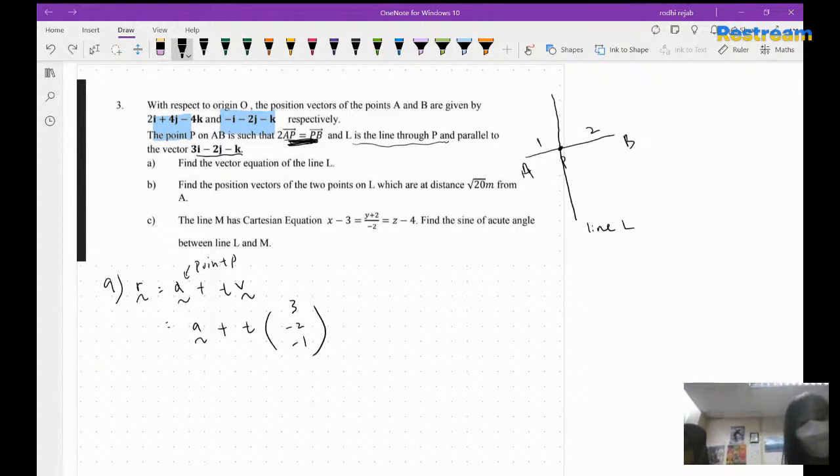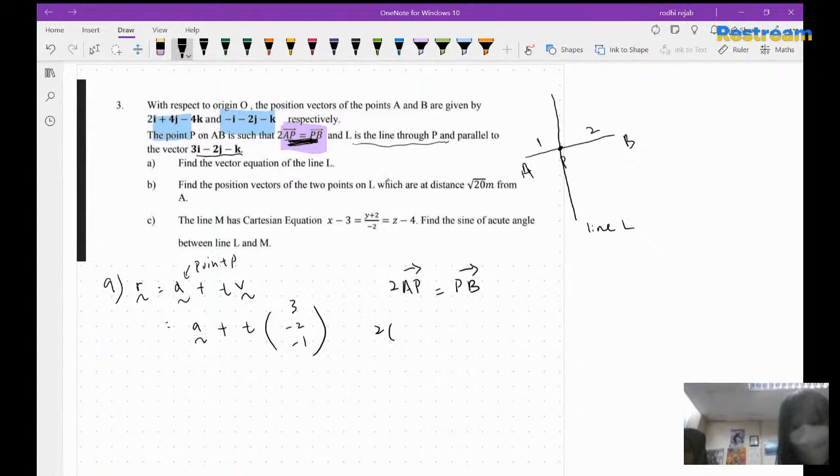So now our problem is we're going to find out the point P. How do we find out point P? By using this: 2AP equals PB.